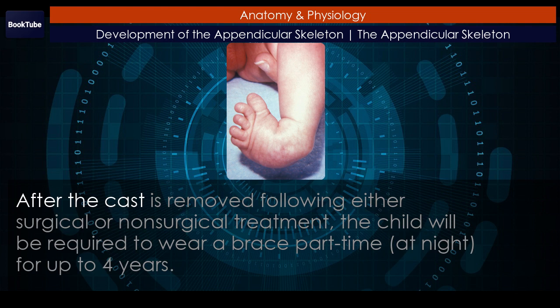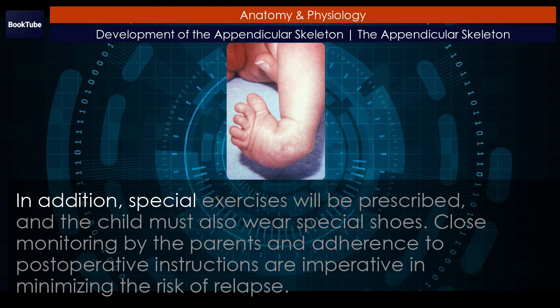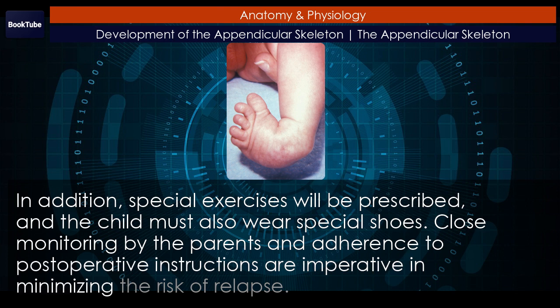After the cast is removed following either surgical or non-surgical treatment, the child will be required to wear a brace part-time, at night, for up to 4 years. In addition, special exercises will be prescribed, and the child must also wear special shoes. Close monitoring by the parents and adherence to postoperative instructions are imperative in minimizing the risk of relapse.